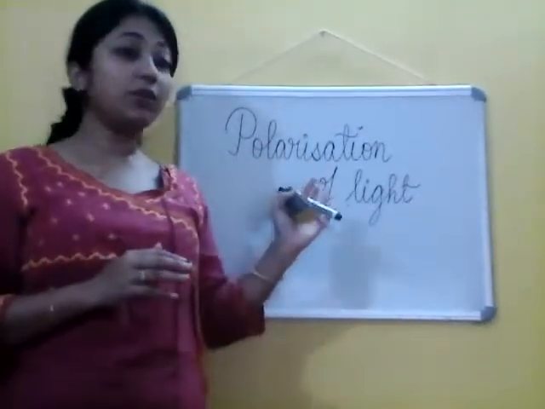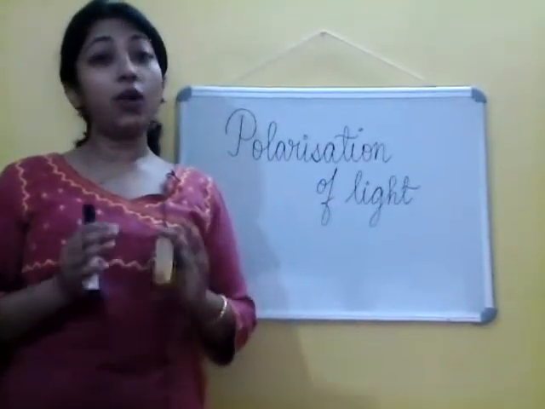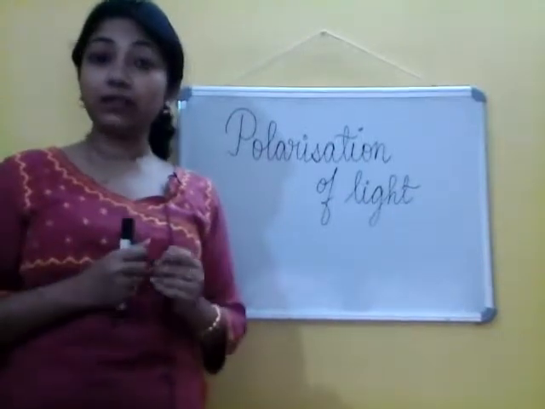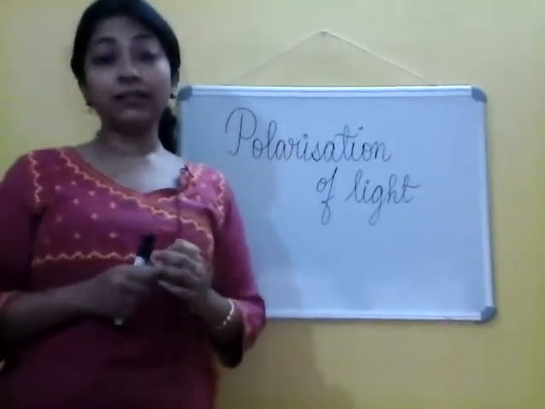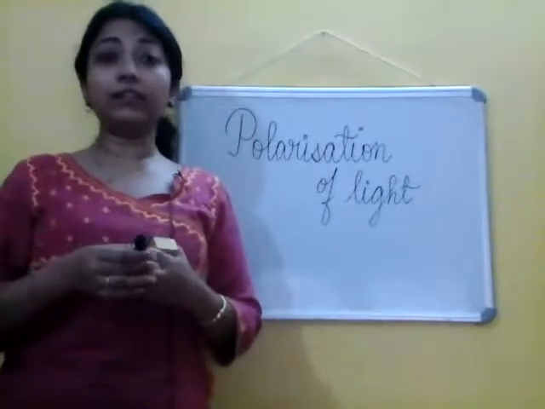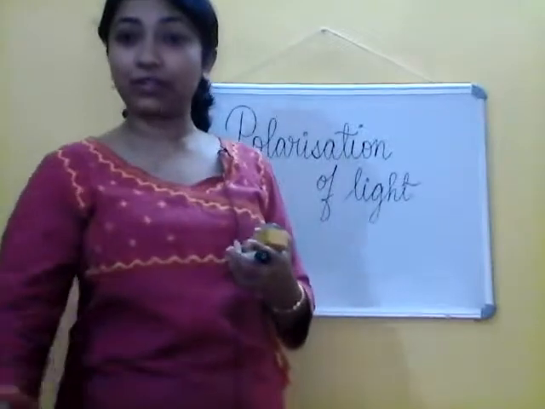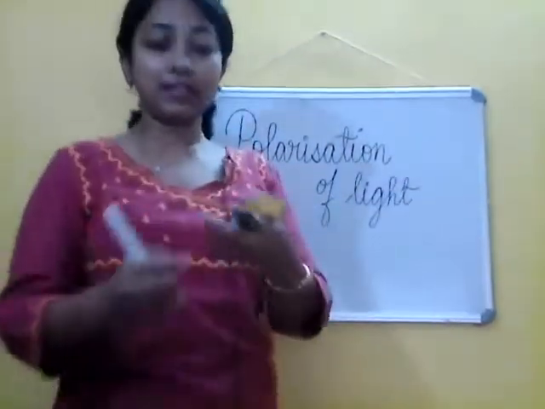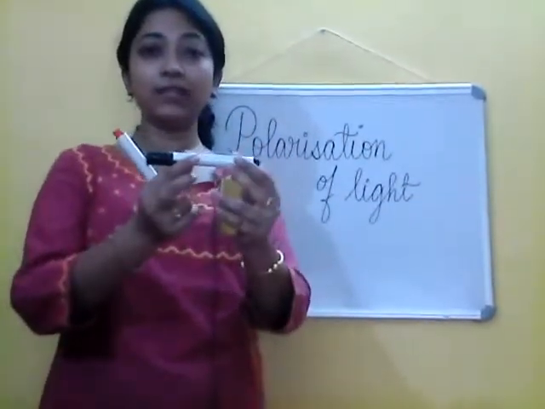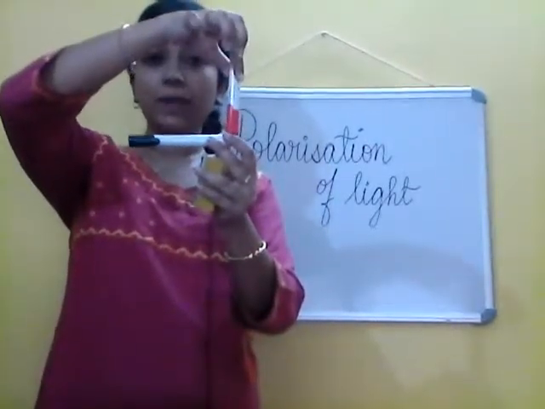However, when we talk about light or electromagnetic waves as such, they do not follow this method. Rather, they have their oscillation occurring in a direction which is perpendicular to the direction of propagation, right? So, suppose this is my direction of movement, then the oscillation would be occurring in a plane which is perpendicular to it.